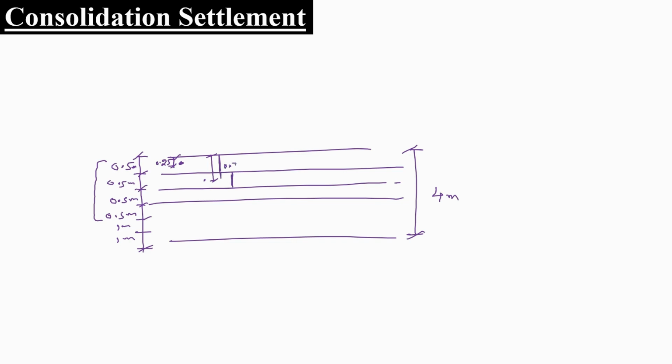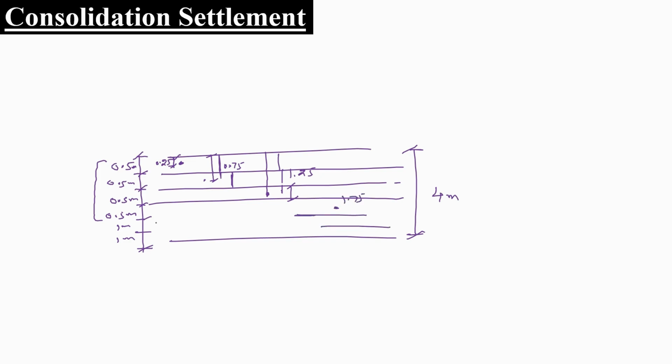This will be 0.75. What will be the midpoint of this layer? Half of this one, and half of this layer, which means half of 0.5 is 0.25. This will be 1.25. Again, half of this layer will be 1.75.